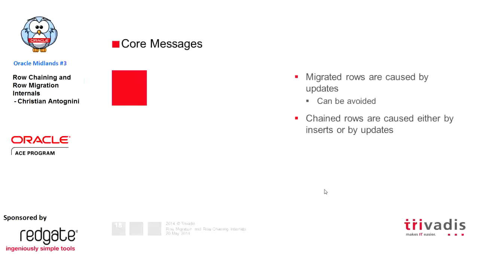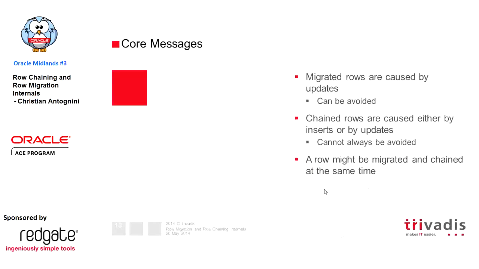As I've seen before, if the PCTFREE is too small and you do an insert, or if the row is really bigger than a block, you get chained rows, but also update can generate them. Cannot always be avoided. Sometimes with a larger block size you can do it, but not always. A row can be migrated and chained at the same time.